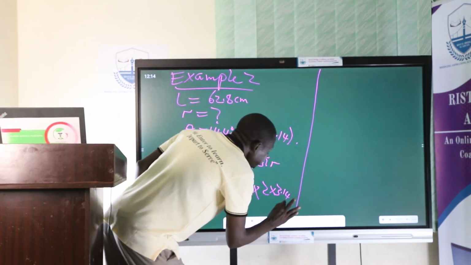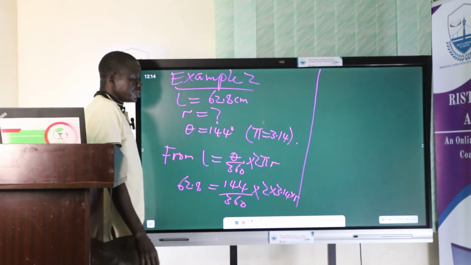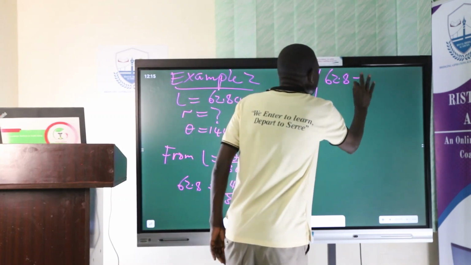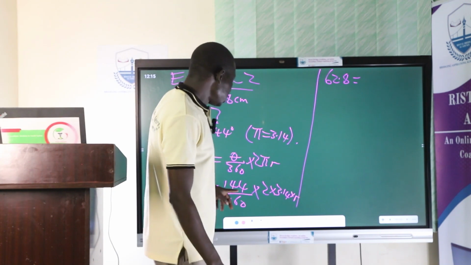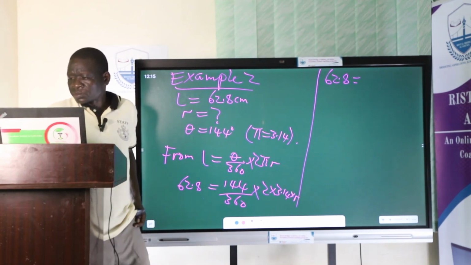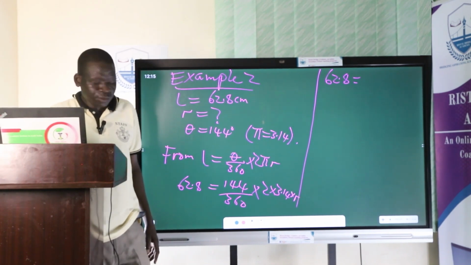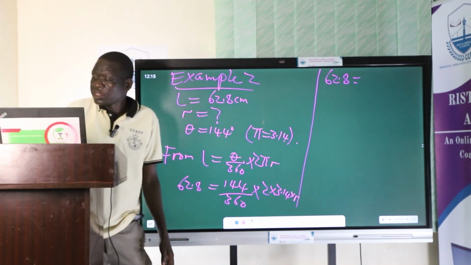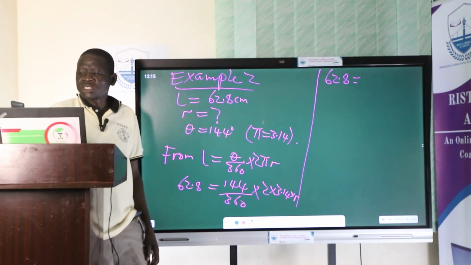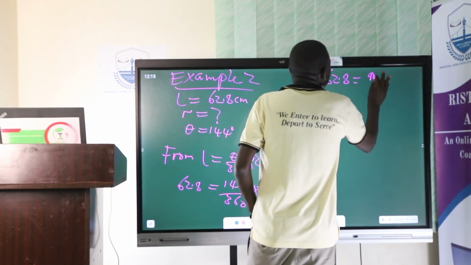Simplifying, 62.8 will equal to, so we are going to multiply 144 times 2 times 3.14. We get 904.32 r over 360.